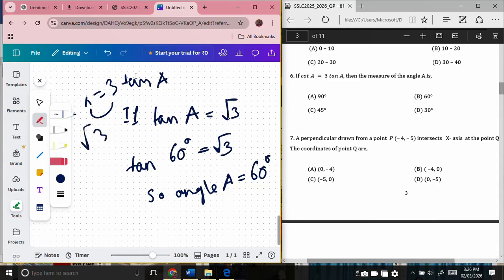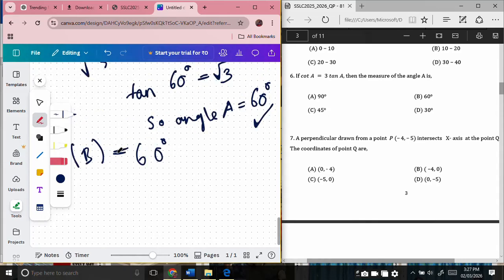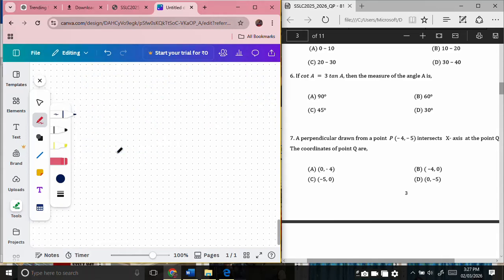So that is nothing but root 3. So tan 60 is equal to root 3. What will be the answer? 60 degree, which is option B. So this is the answer B for the sixth question.